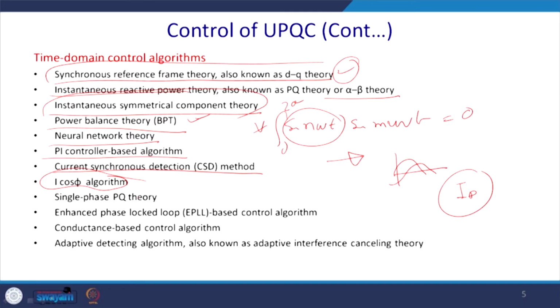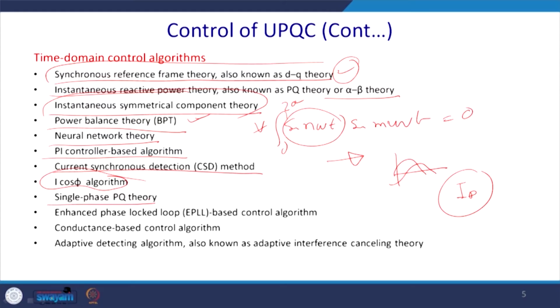You subtract this from the load current, and the rest of the current will be fed through the shunt active power filter, and you will also calculate the same thing from the voltage.